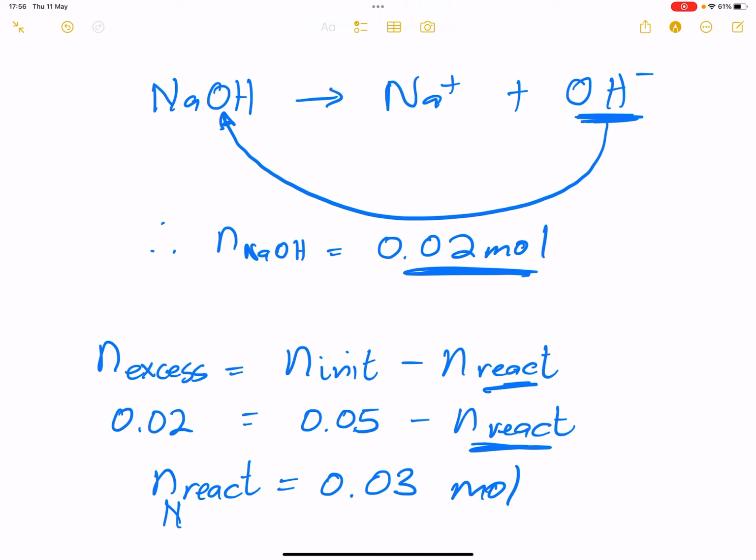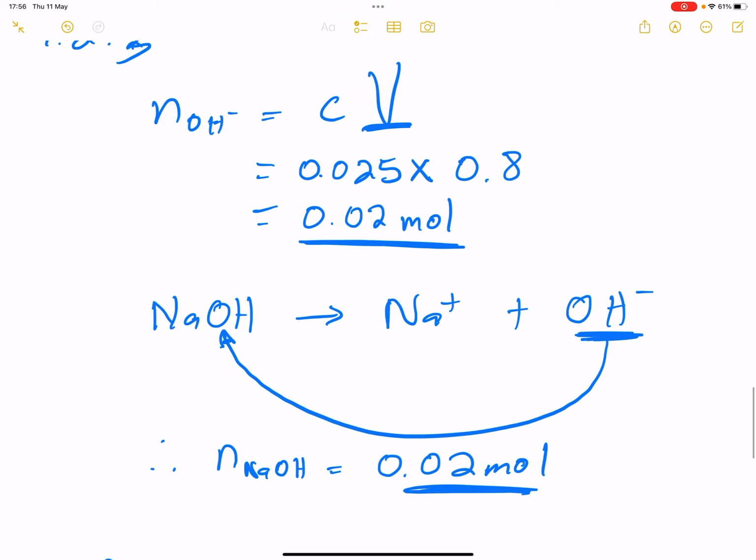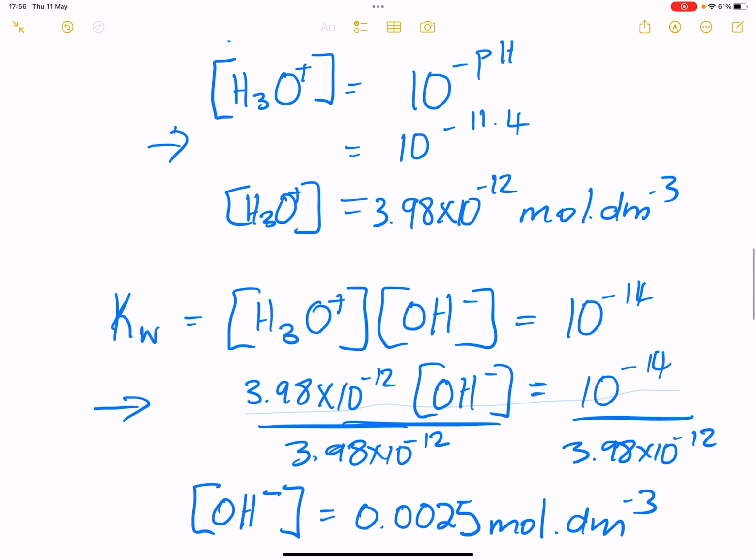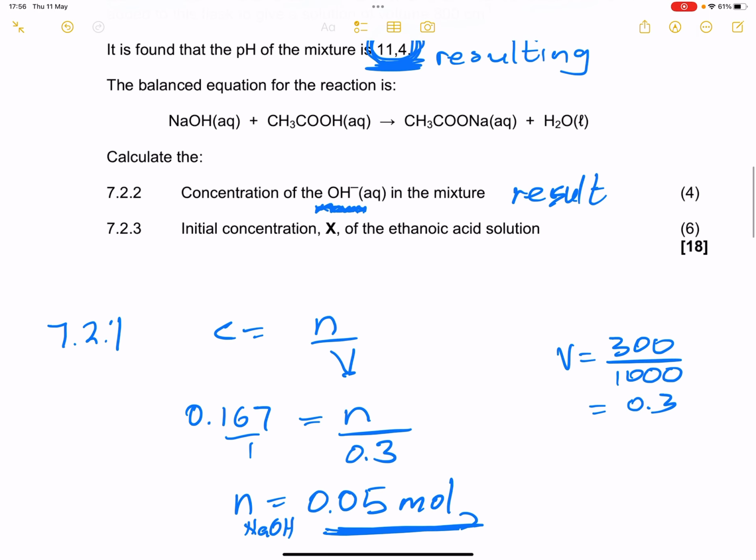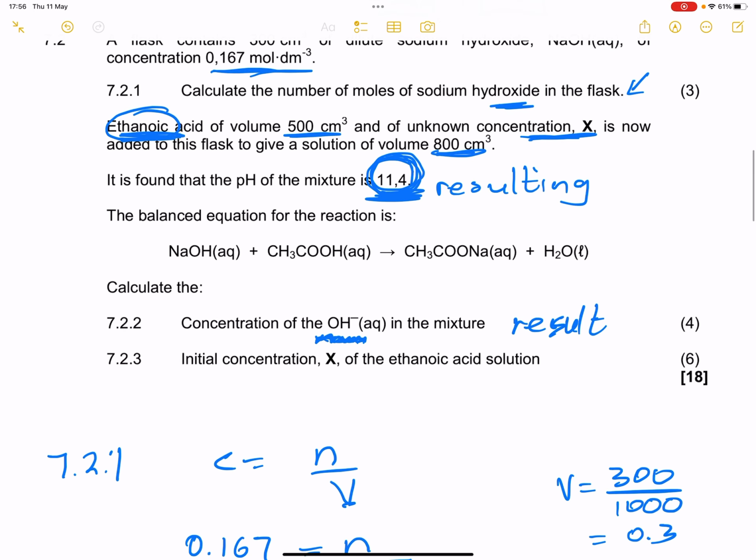So this is the sodium hydroxide that actually reacted with the ethanoic acid. Now we go to this reaction, and it says to us, for every 1 mole of sodium hydroxide, I will use 1 mole of ethanoic acid. Because we have a 1-to-1 ratio, for 0.03, how much will I use of ethanoic acid?